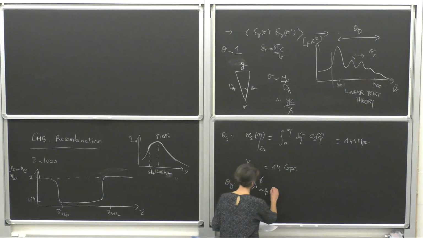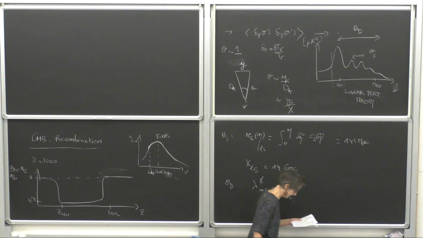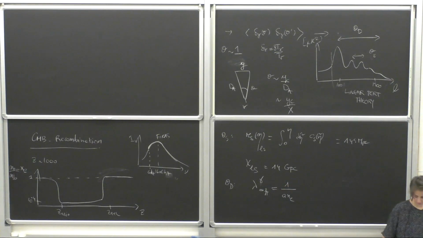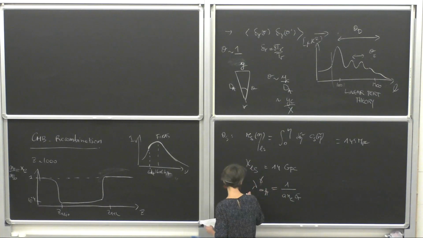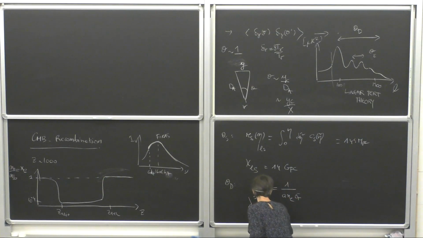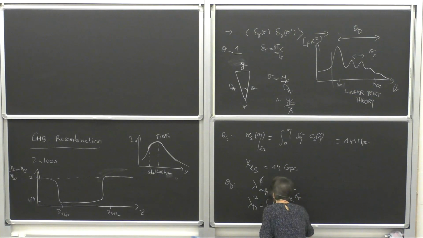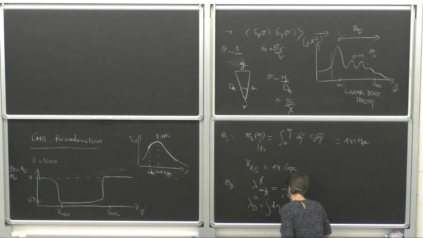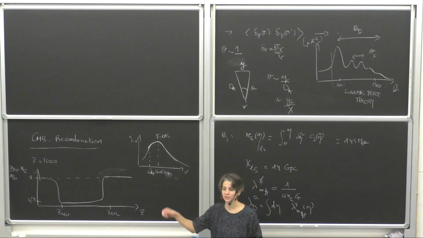And this quantity depends, again, on the number density of free electrons at that time, and the Thomson scattering. So lambda_D, the diffusion scale, lambda_D squared is related to this mean free path. Again, you can relate lambda_D to a certain value of l.